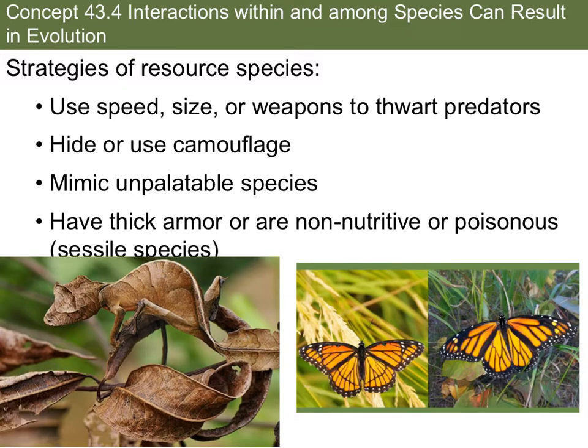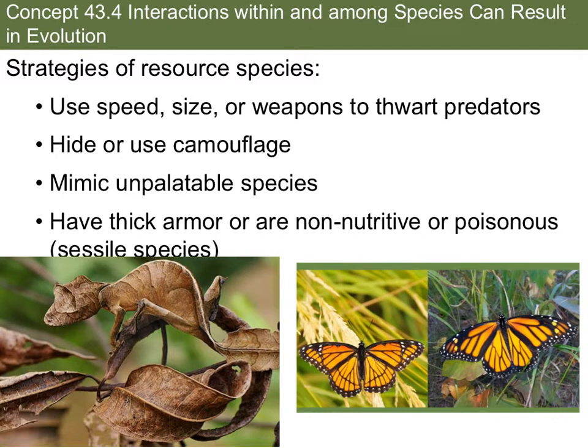Organisms that are what we call the resource, the prey, in other words, are able to evolve ways to hide or outrun or outmaneuver the predator. We already talked about speed. We also can use size. Think of an elephant, very, very large size, as a way to deter predators from eating them.